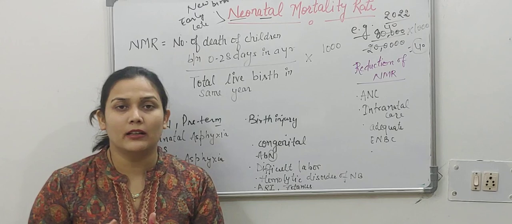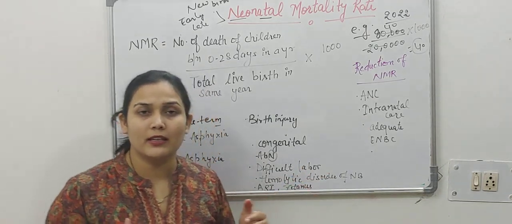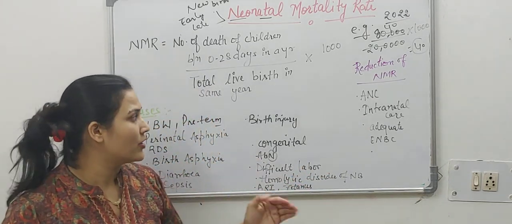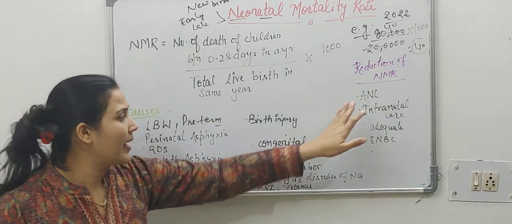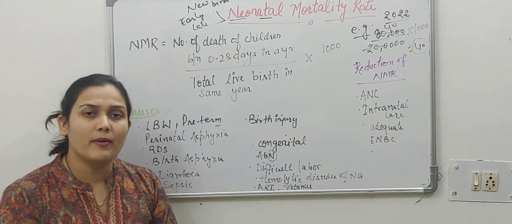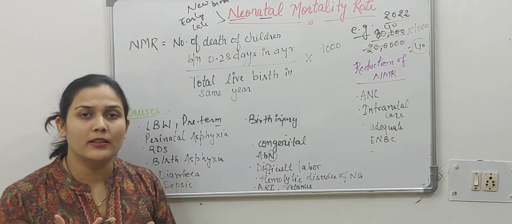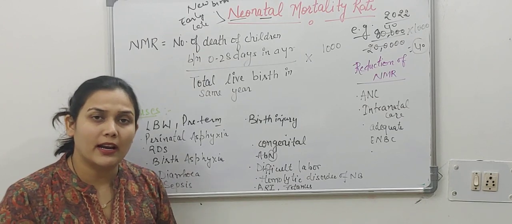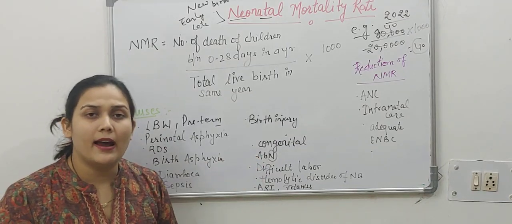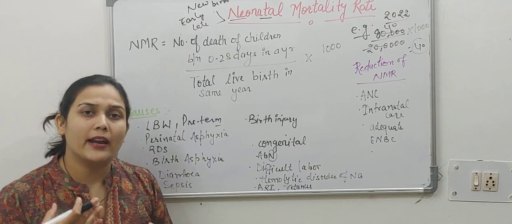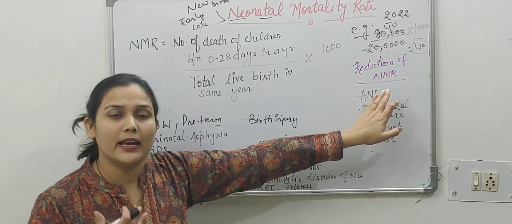When we are working in a hospital, how can we improve or reduce it? There are some ways we can help in prevention or reduction. First is antenatal care, that means during pregnancy. We have to tell the mother to eat a good diet, what to do and what not to do. Any complication, like cord prolapse, cord around the neck, or a history of hypertension or pre-eclampsia, should be noticed, and care and treatment should be given. She should take iron, folic acid and calcium, so that care should be given.